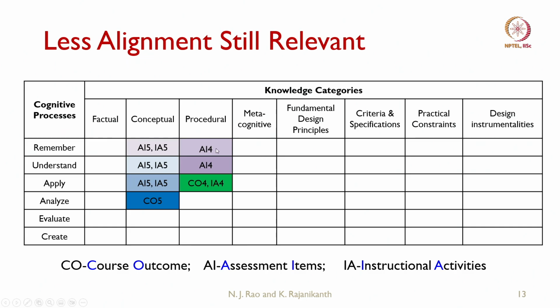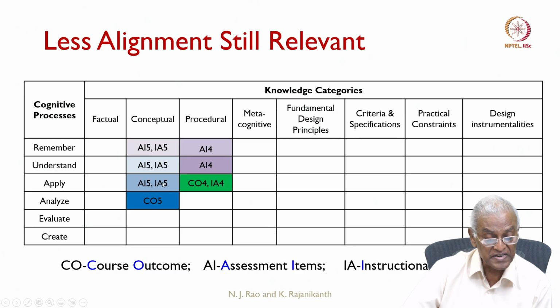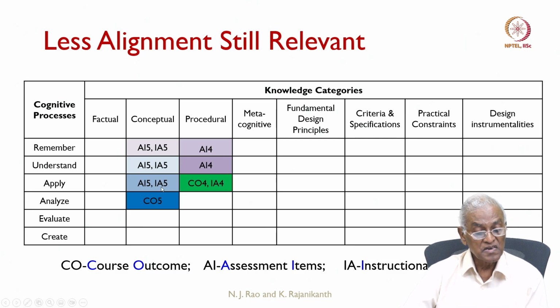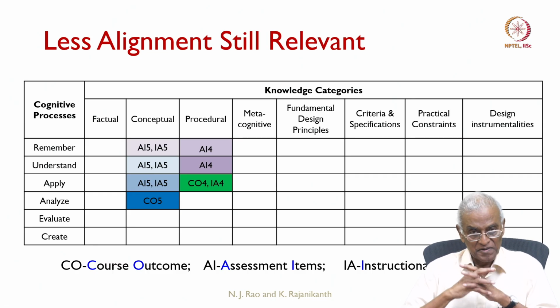Now, if you take another example, CO5 is in analyze conceptual, but my instructional activities are in the cells above. And my assessment items are also in the cells above. There is not any activity or assessment items at all in this cell. In that case, there is no alignment at all.